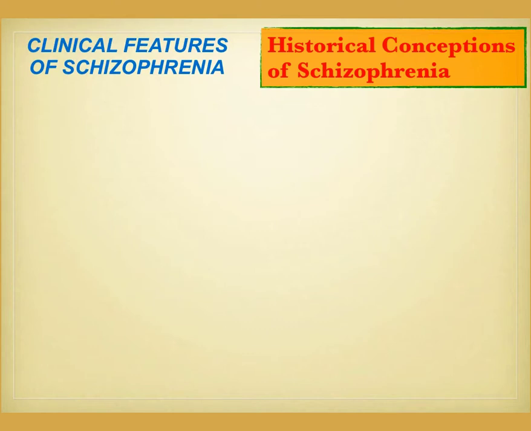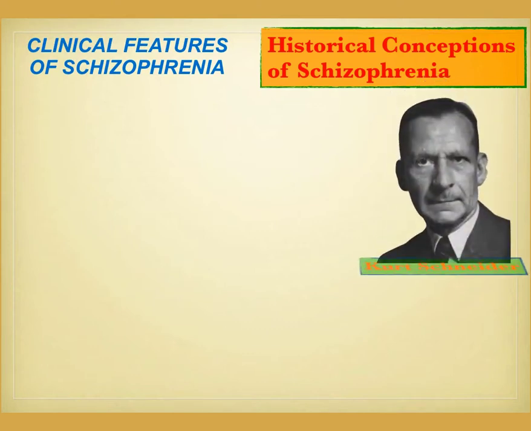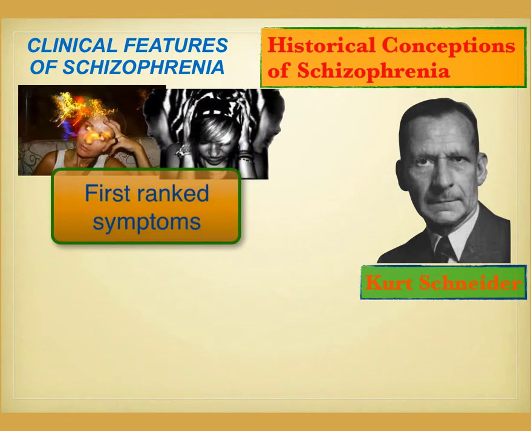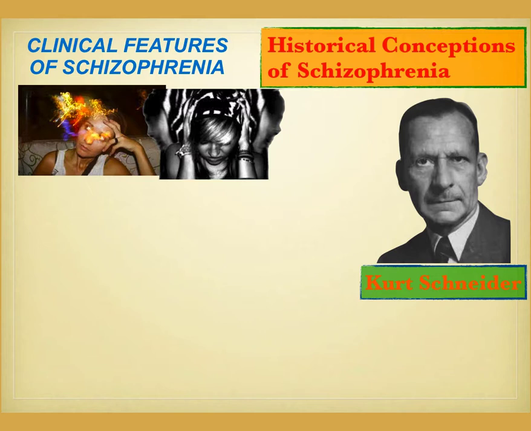Now, if we move a little more currently, we enter into looking at Kurt Schneider, and according to him, hallucinations and delusions are numbered among what he described as first-rank symptoms of schizophrenia. That is, symptoms of schizophrenia that are central to the diagnosis.